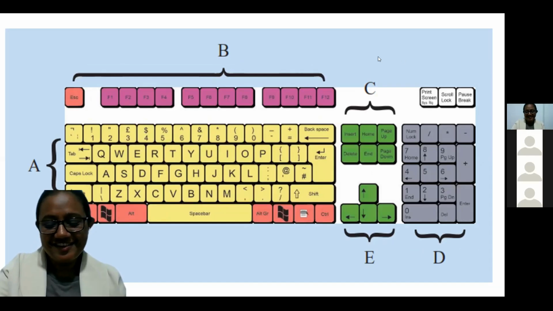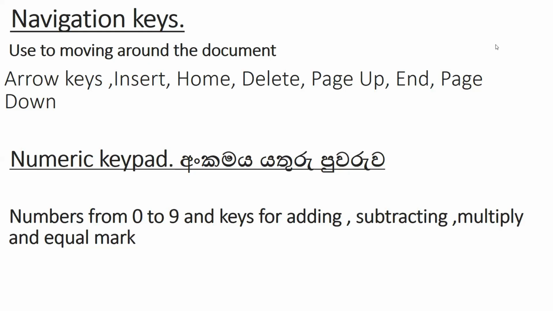Okay, teacher. Okay, right. Up to now we discussed the numbers from 0 to 9 and keys for addition, subtraction, multiplication and the equal mark. Very good. In this keypad, we can see the numbers from 0 to 9 and some other keys like addition, subtraction, multiplication, and also there are some division and equal mark.